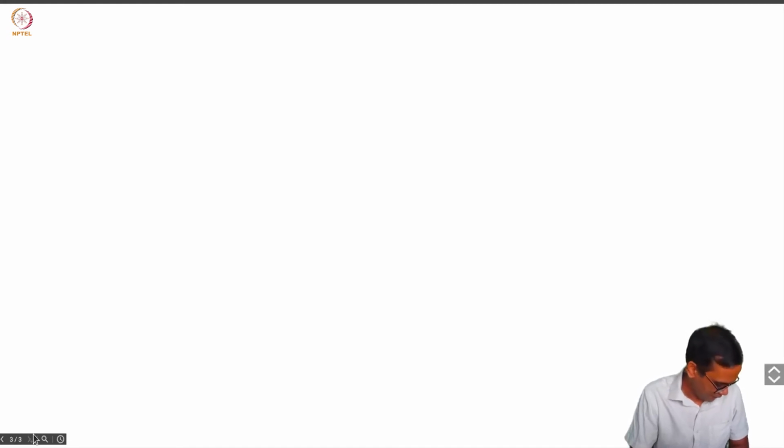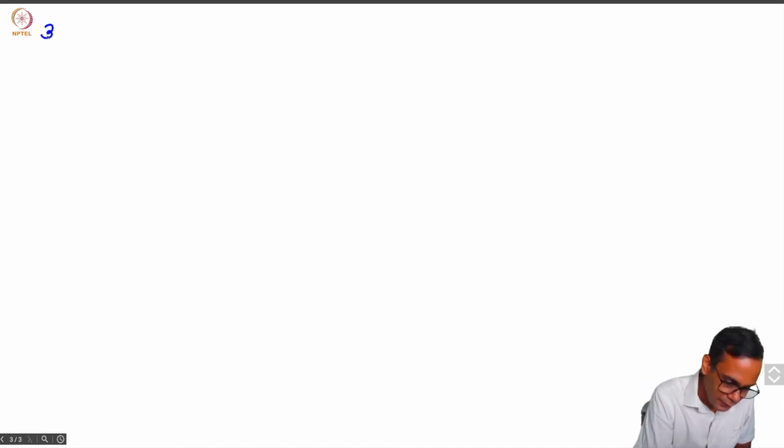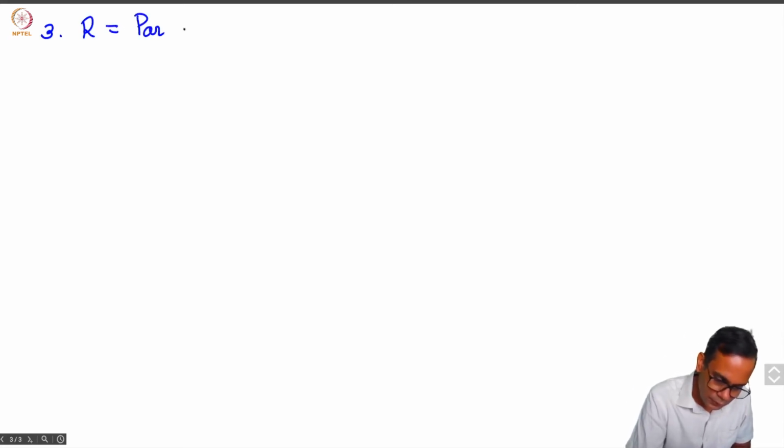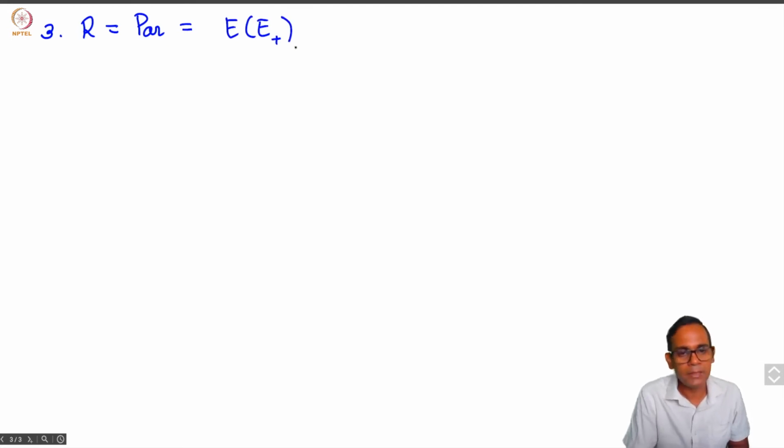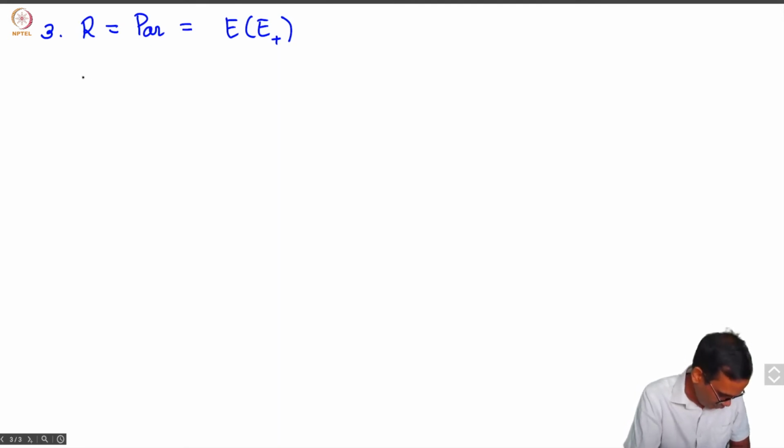So let's take R to be the species of partitions, set partitions. So remember that we can think of this as E of E plus. It's an assembly of non-empty set structures, and in this case what we get is R(x) to the power lambda, the generating series.